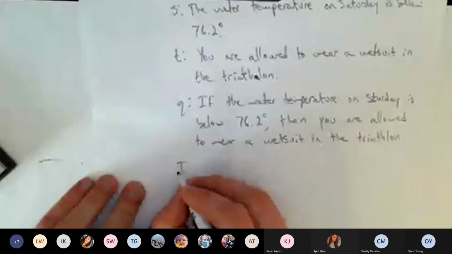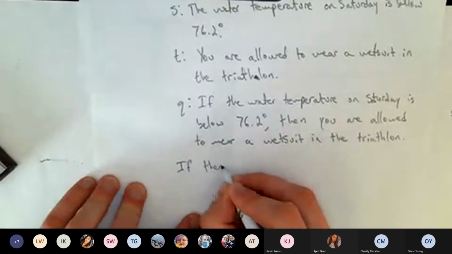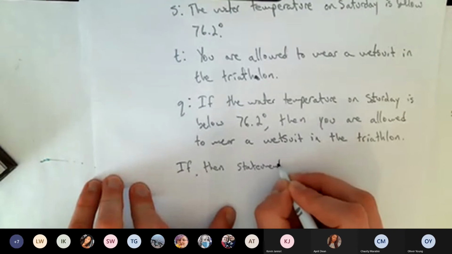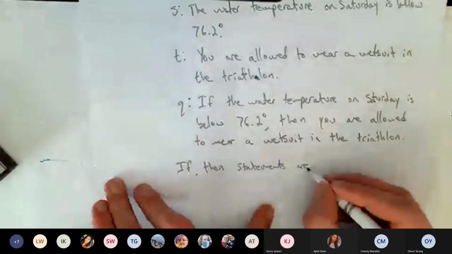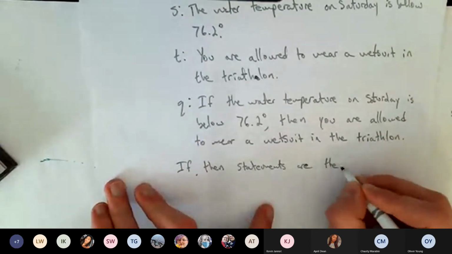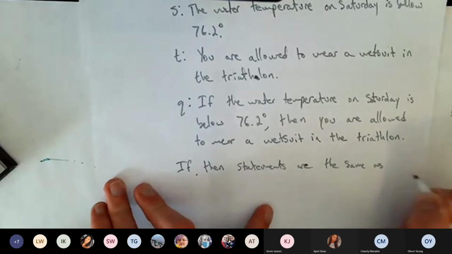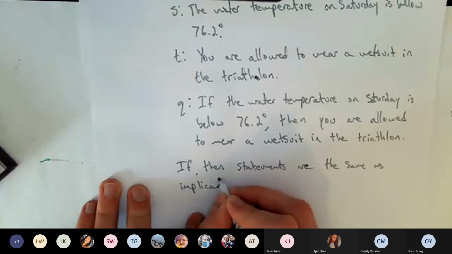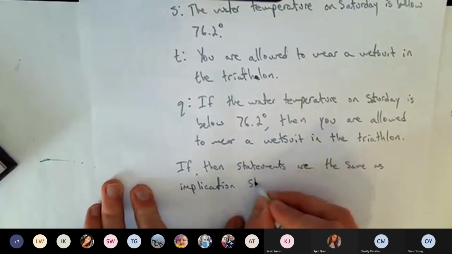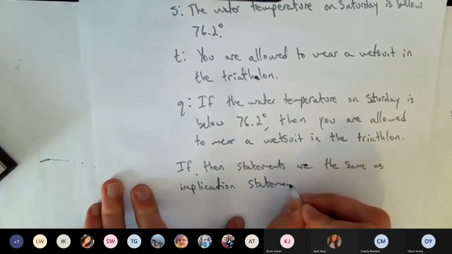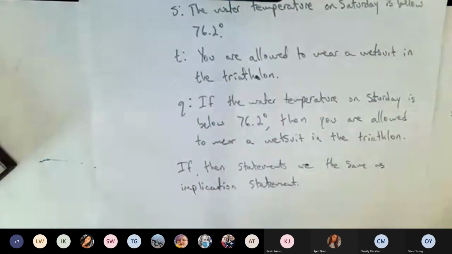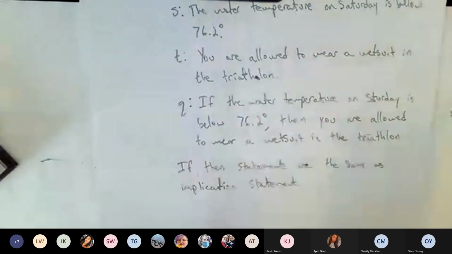So the point is here, if then statements are the same as implication statements. So if this, then this is the same as saying this implies this.